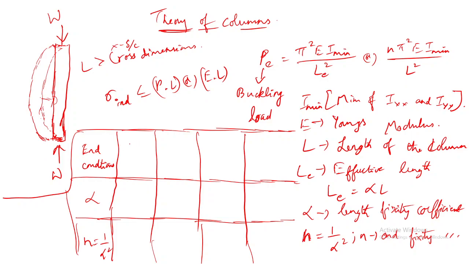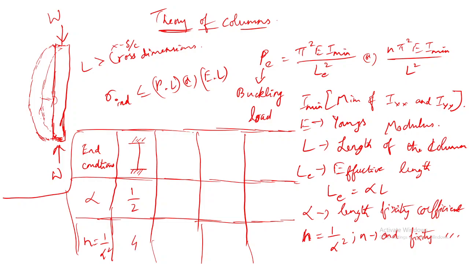So here the first condition is both ends fixed. You have a long column with both ends fixed, and for this the value of alpha will be 1 by 2. And what will be the value of n? 4.